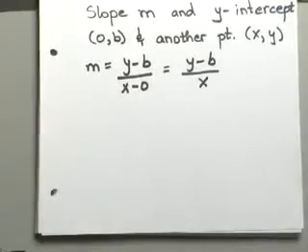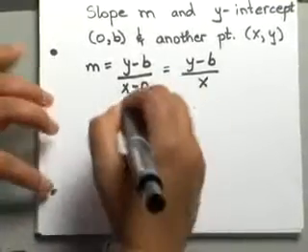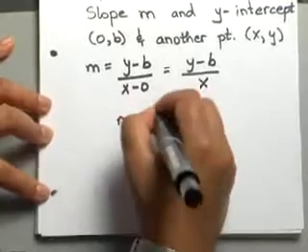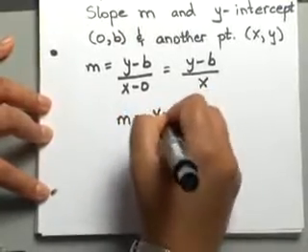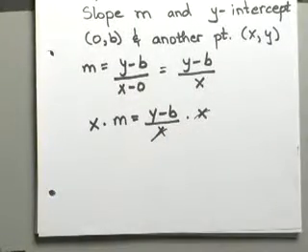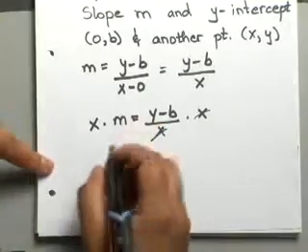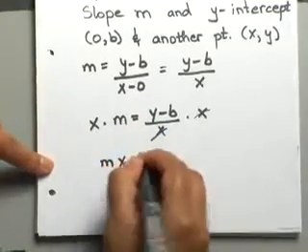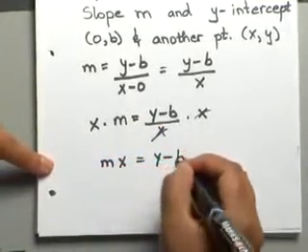Now, the next thing that I will do is take this m equals y minus b over x and move x to the other side. To do that, I multiply x on both sides and get rid of it from the denominator, and that will give me mx equals y minus b.